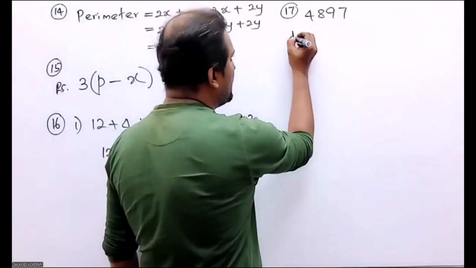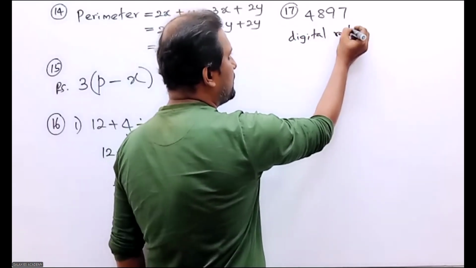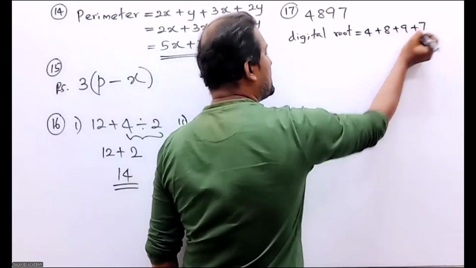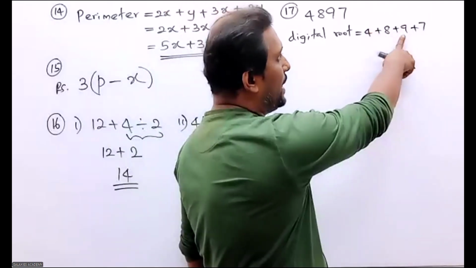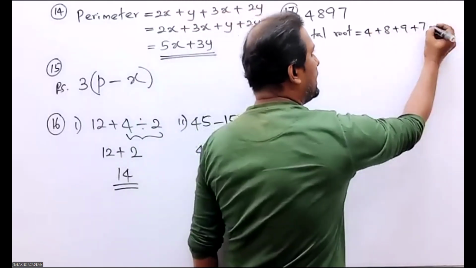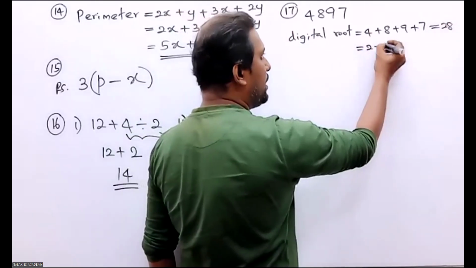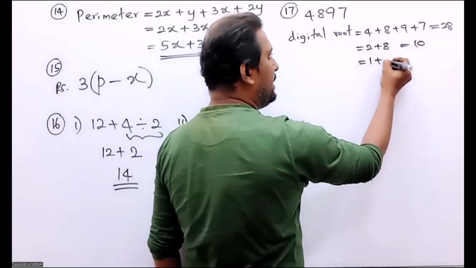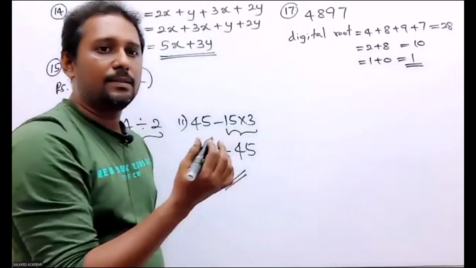So the digital root is 4 plus 8 plus 9 plus 7. That means 12, 21, 28. 28 has 2 digits, so again you have to add 2 and 8. 10. 10 means 1 and 0, so 1. The digital root is 1.